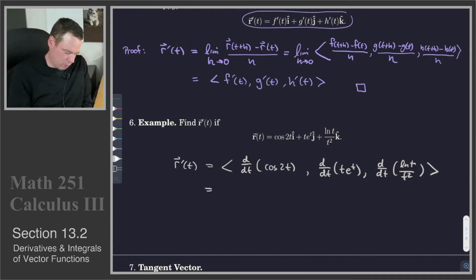The derivative of the first component, we'd use a chain rule here because there's a cosine of an inside function 2t. Derivative of cosine is negative sine 2t times the derivative of the inside function, which is 2.